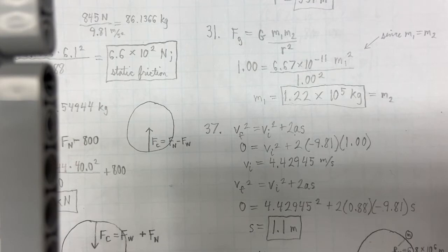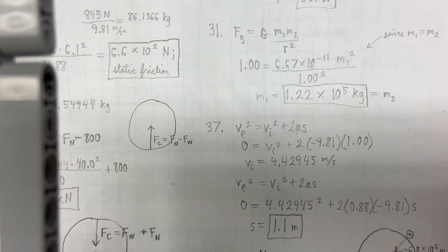Number 37. If you can jump 1.00 meters high on Earth, how high can you jump on Venus, where g equals 0.88 g? Better read, g of Venus equals 0.88 g of Earth. Assume the same takeoff speed.